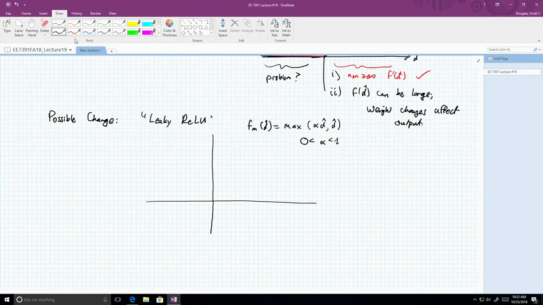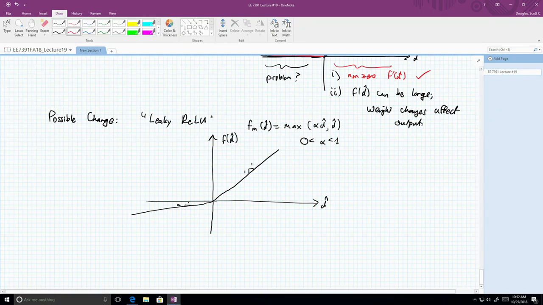So the idea is I've got a linear function here. If I'm greater than 0, then it's obviously d hat. If I'm less than 0, then it's alpha d hat, because alpha d hat is still larger. So this slope is 1, and this slope is alpha, right? And I have d hat and my f of d hat.